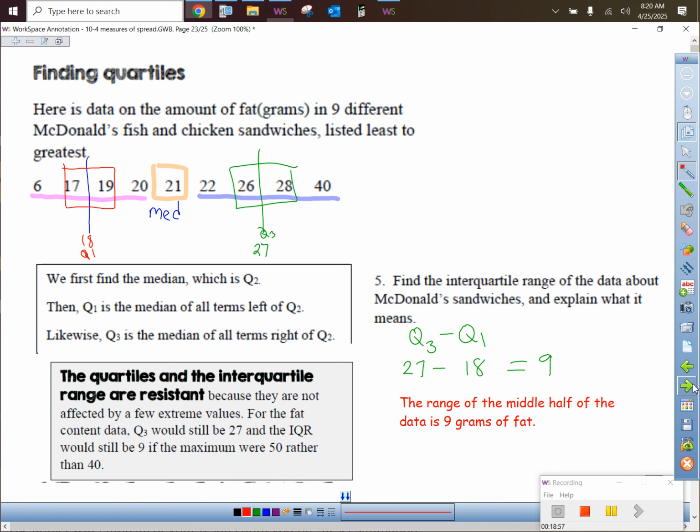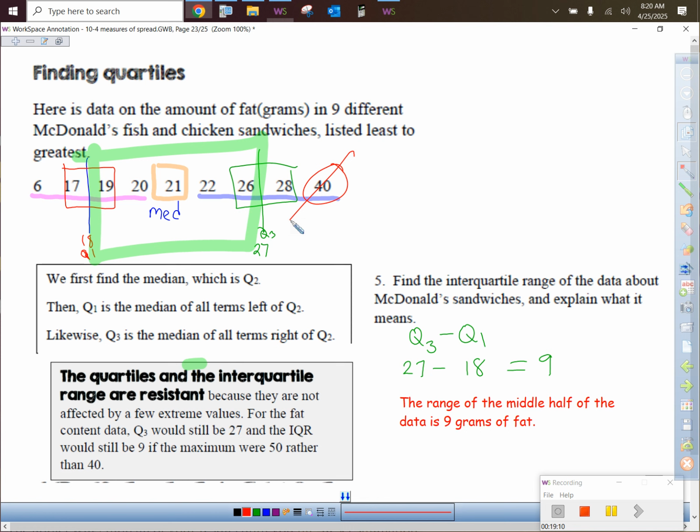Hey, do you think the interquartile range is resistant? What do you think? Would it change the interquartile range a lot? I mean, it's probably going to change, but would it change a lot? Or if I added another number like 50 to it, will it change the interquartile range?